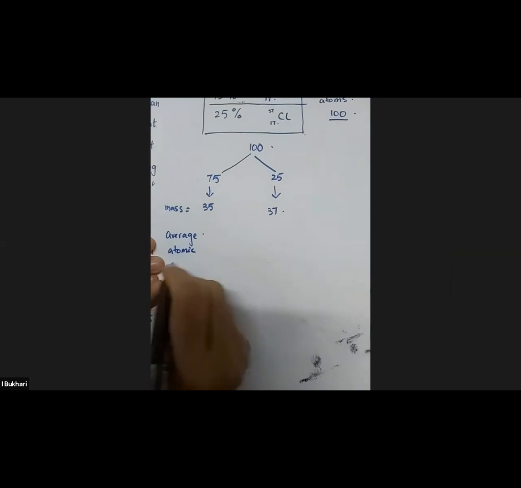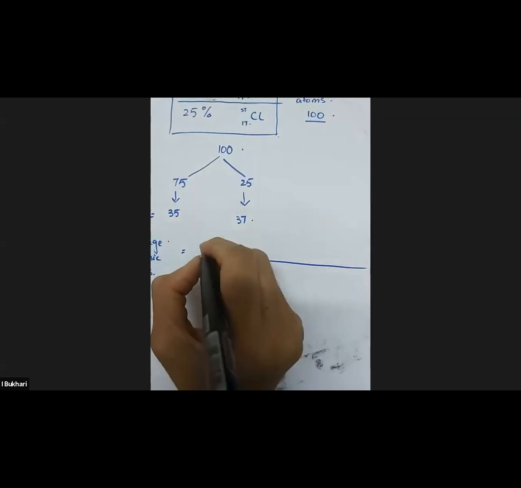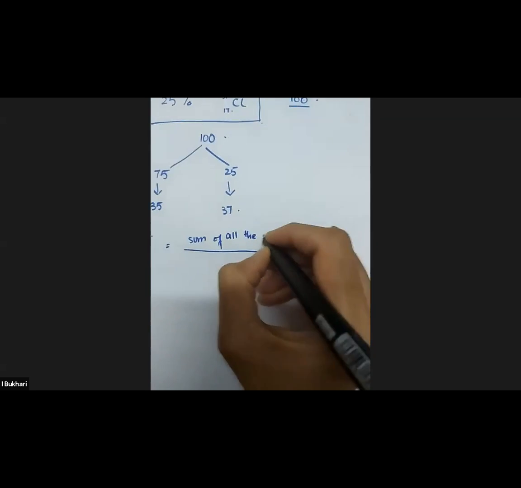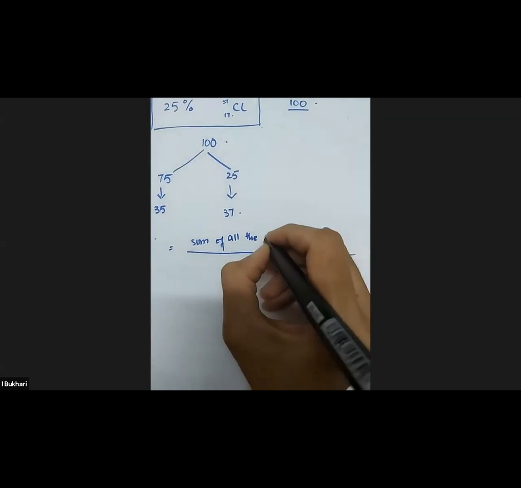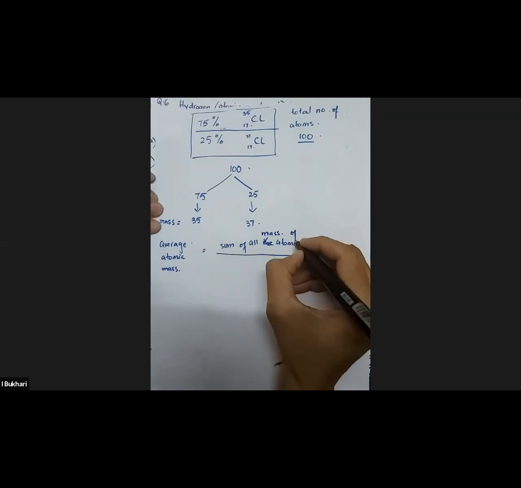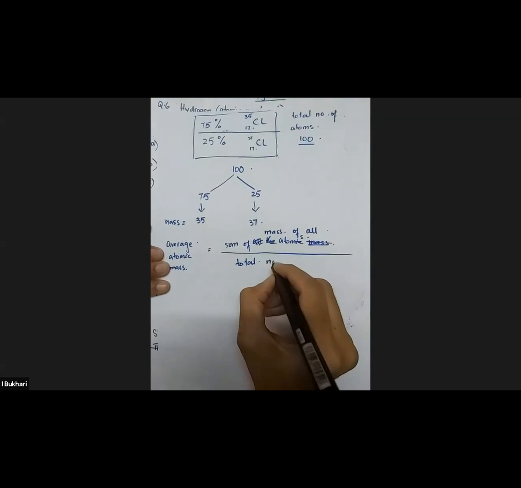So I would use the same method here to calculate the average atomic mass, and so the sum of all the atomic masses, or you can say the sum of the mass of all atoms, divided by the total number of atoms.